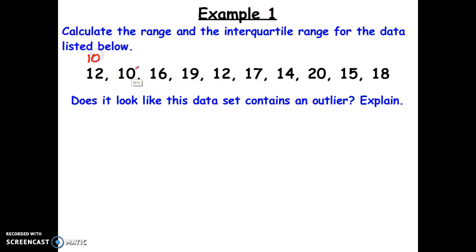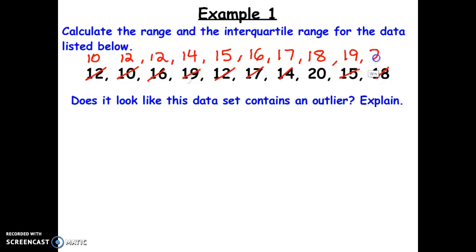So 10, 12, 12, 14, 15, 15, 16, 17, 18, 19, and 20.